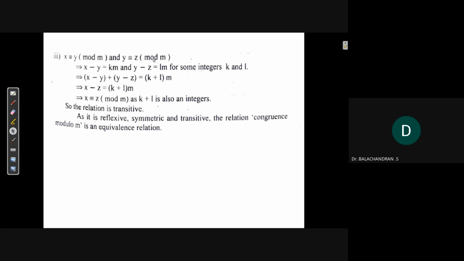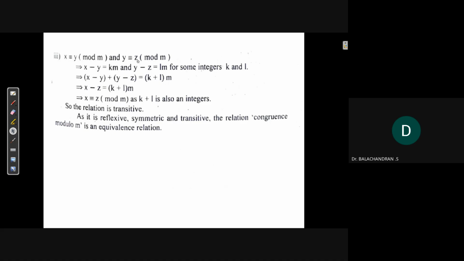Next one: if x is congruent to y mod m and y is congruent to z mod m, I need to prove that x is congruent to z mod m. If x is congruent to y mod m, then x minus y is divisible by m, which means x minus y is equal to some k m.